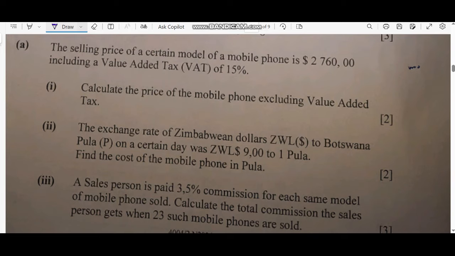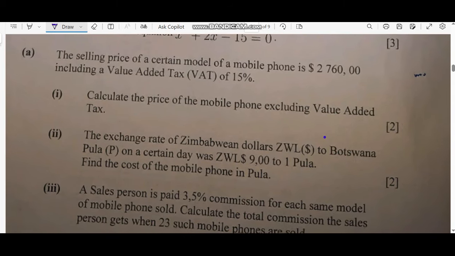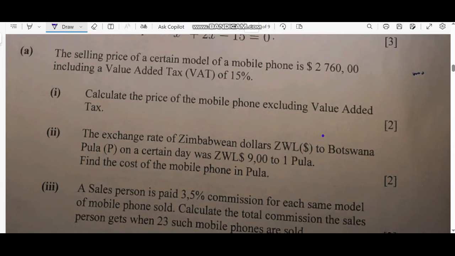Right. Now working on question number 3. The selling price of a certain model of a mobile phone is $2,760, including a value-added tax VAT of 15%. So this price includes value-added tax. Calculate the price of the mobile phone excluding, which means without, value-added tax.